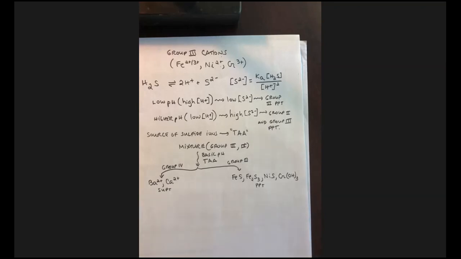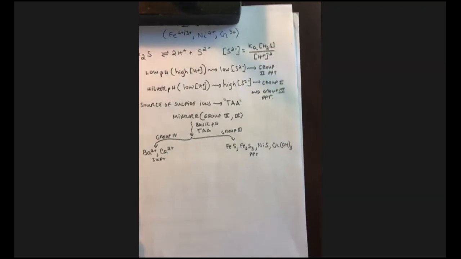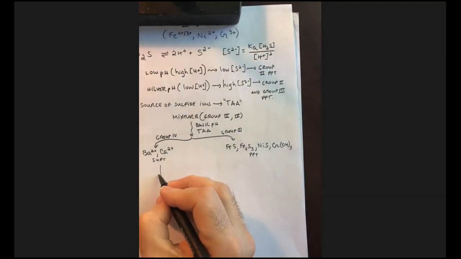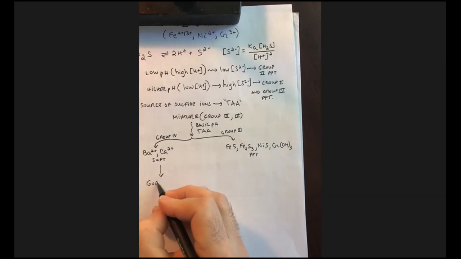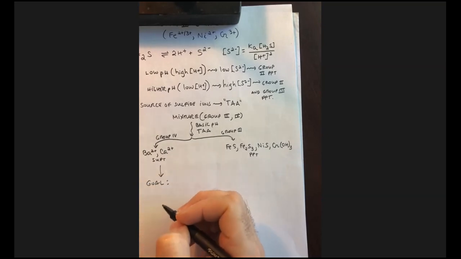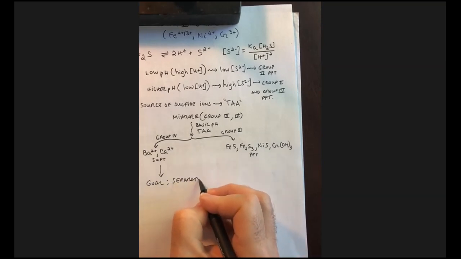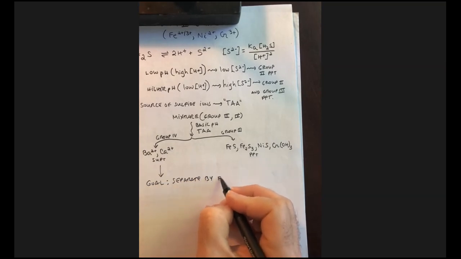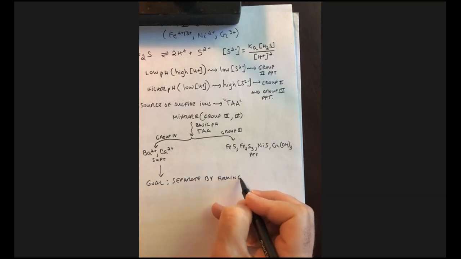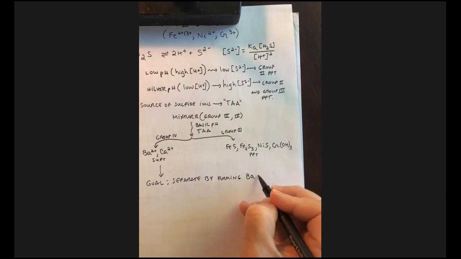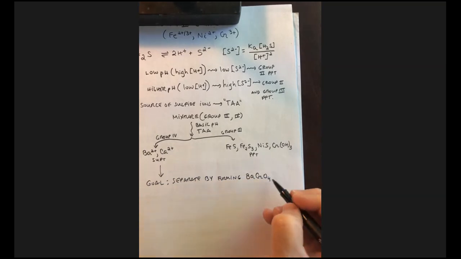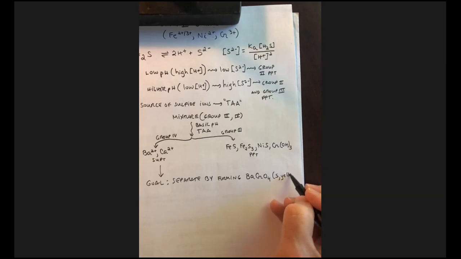Our goal here is to separate these 2 ions by forming a very distinguishable precipitate of barium chromate. And the reason why this is distinguishable is because it's a yellow precipitate.